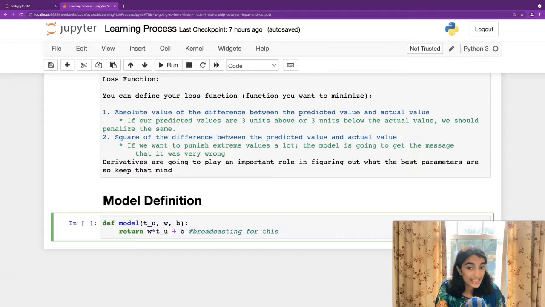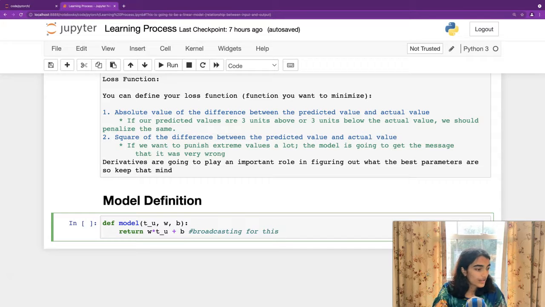It's going to be a pretty easy broadcasting, but if you aren't familiar with broadcasting and tensor operations, you might want to get familiar with those, because we're going to be applying it. I do have a few videos on tensor operations, what tensors are, why we need them, and also broadcasting, which is just how we add tensors or perform arithmetic operations on tensors with different shapes. Okay, and that's our model. It's pretty simple, once again, because this is a linear relationship.